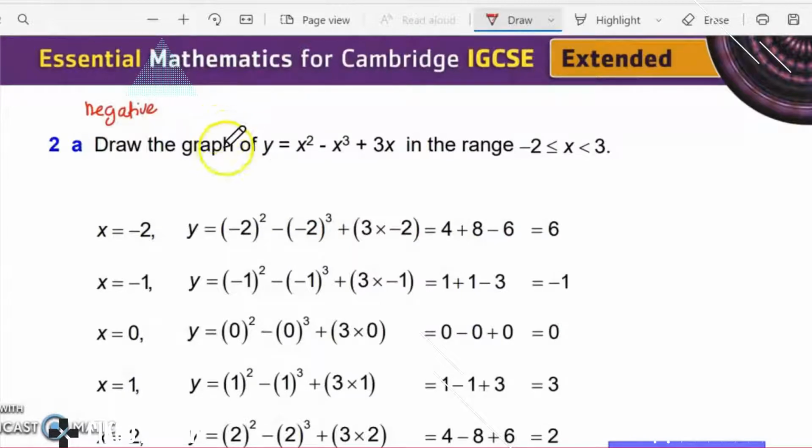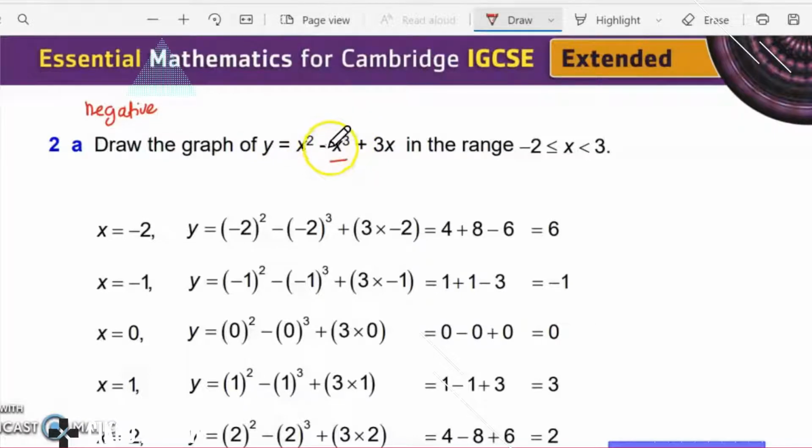How can we determine this is a negative cubic? Okay, actually you just look at the unknown x cube, and what is the sign in front of the unknown? That is negative.